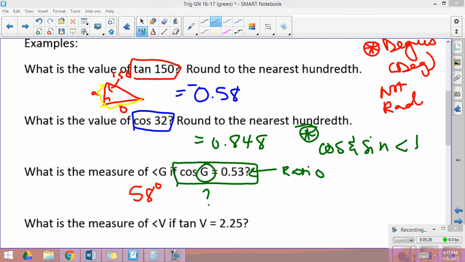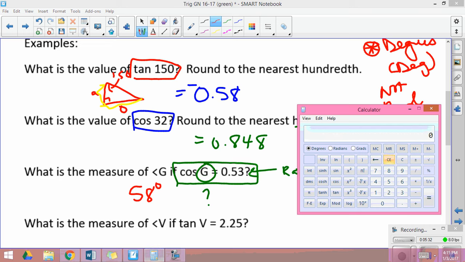If I want to check that quickly, I say 58 cosine, and I get 0.53. So no matter how big or small my triangle is, the adjacent and hypotenuse sides will have a ratio of 0.53. That is their relationship.